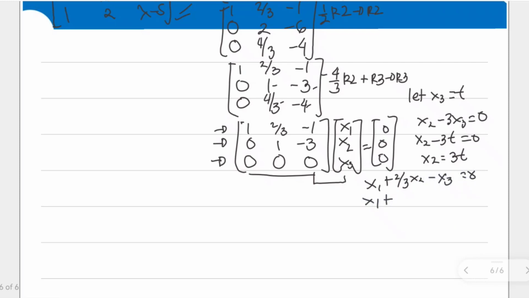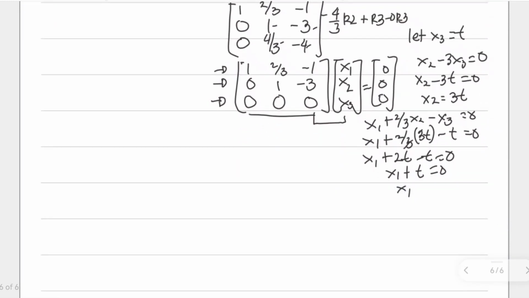X sub 1 plus 2/3 times 3t minus t equals 0. That can be cancelled out. X sub 1 plus 2t minus t is 0. X sub 1 plus t equals 0. So our x sub 1 is negative t.